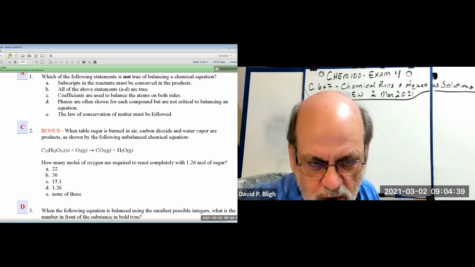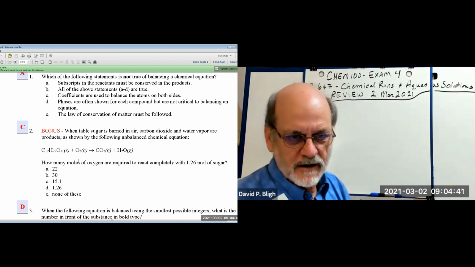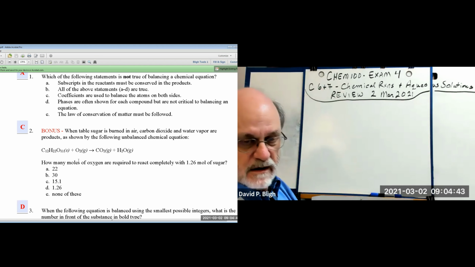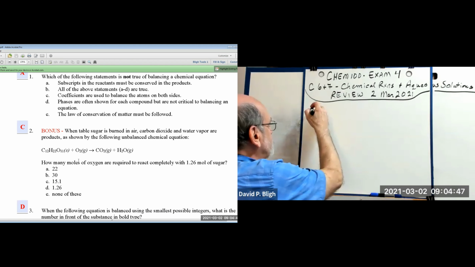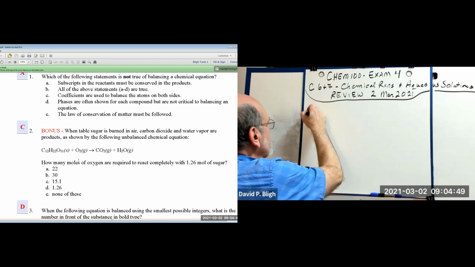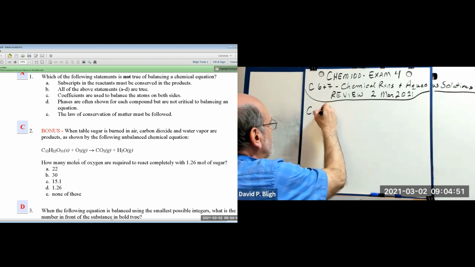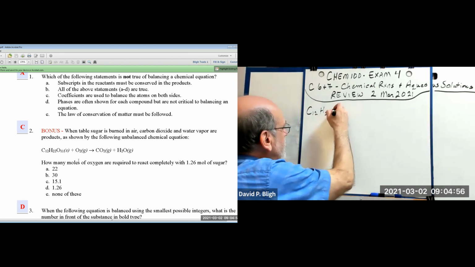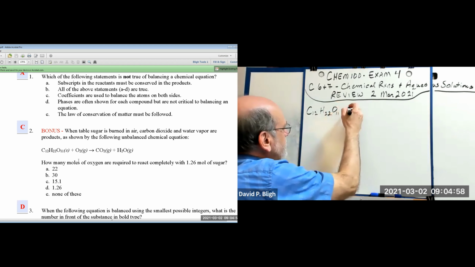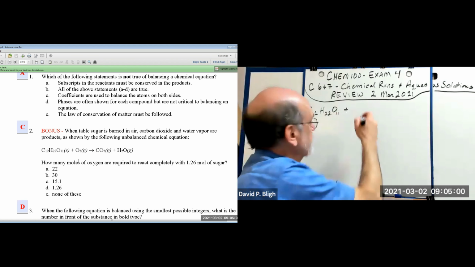So C12H22O11, and we'll recognize that as sucrose, table sugar. C12H22, yep, and O11, and then we're going to burn it.